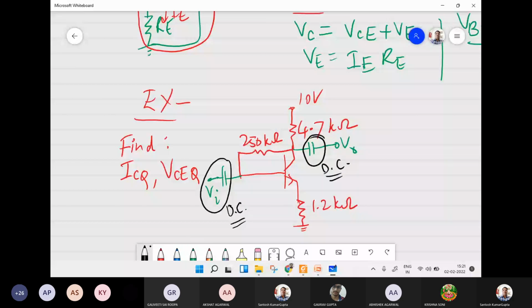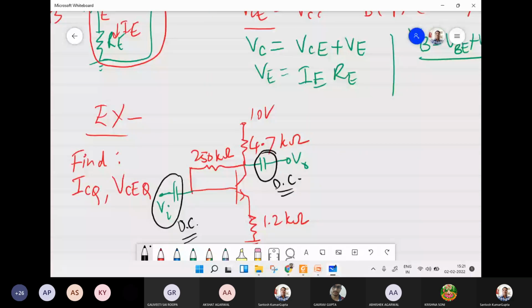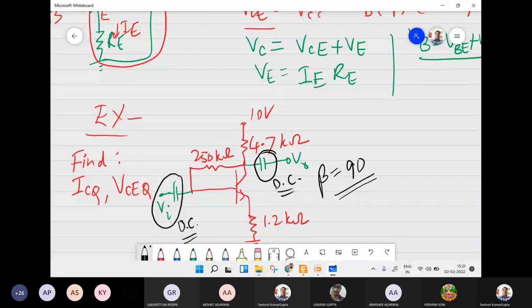So we can directly use these equations which we have derived here. One more thing is given for this transistor, beta is equal to 90. So for calculations, one needs to use this beta value here. You might try to do this problem and find out the values ICQ and VCEQ.